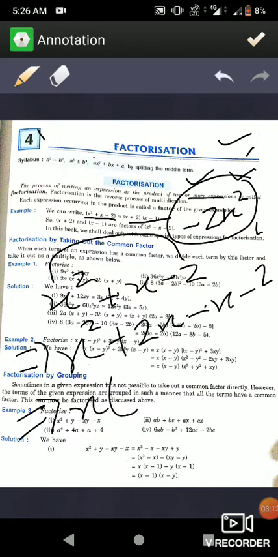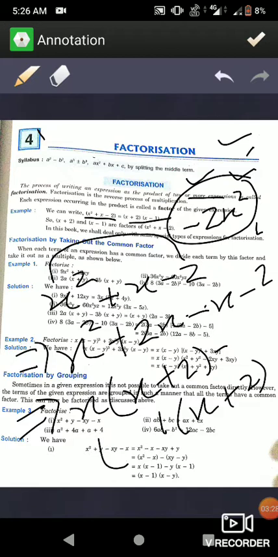When you take x common, it becomes x plus 2, minus 1 times x plus 2. Now this can be written as x plus 2 in one bracket and x minus 1 in the other bracket. Clear? This way we can solve factorization by splitting terms.